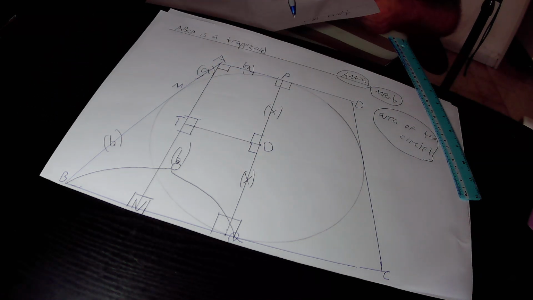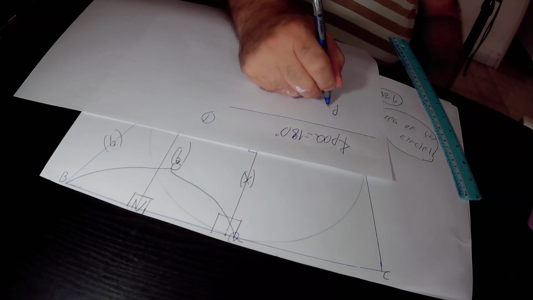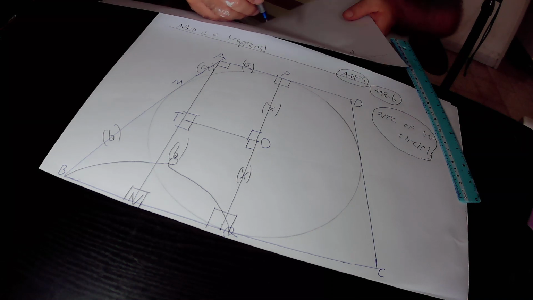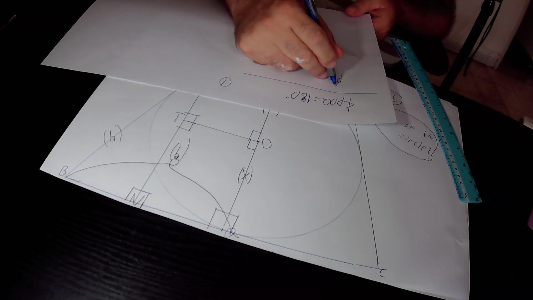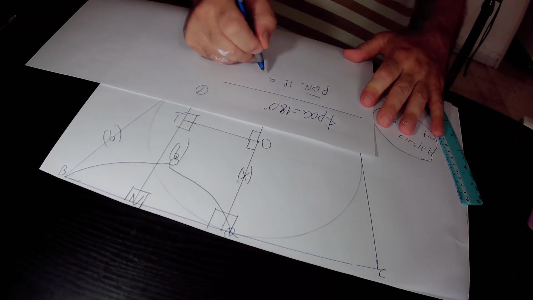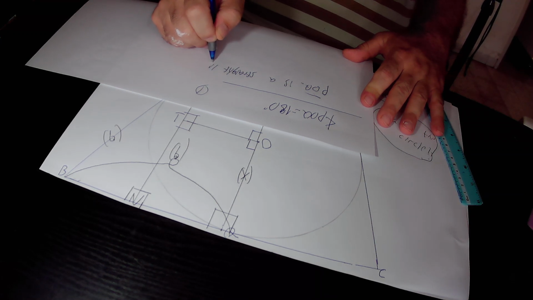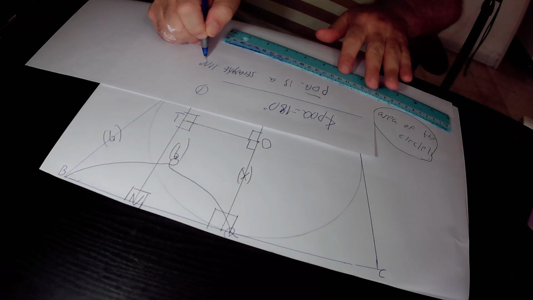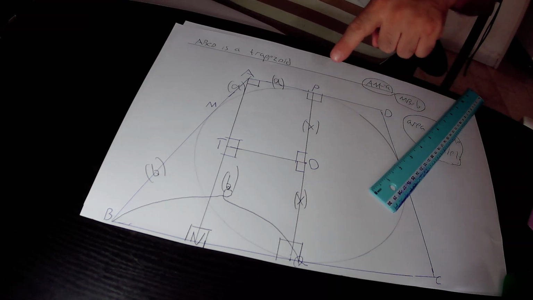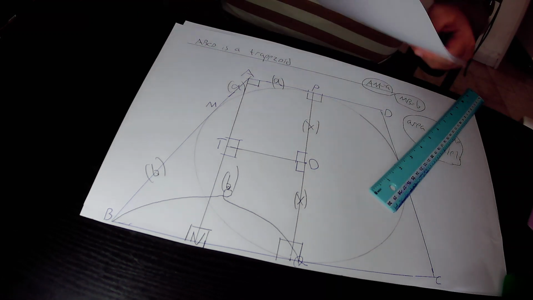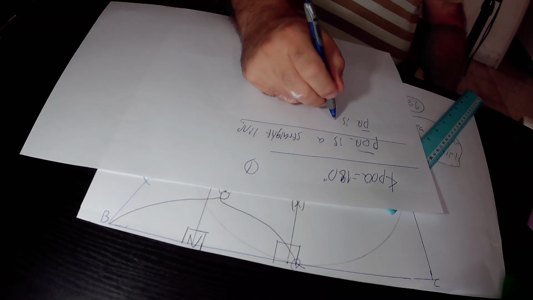Therefore, line segment POQ is a straight line. If line segment POQ is a straight line, then PQ is also a straight line. So line segment PQ is a straight line.